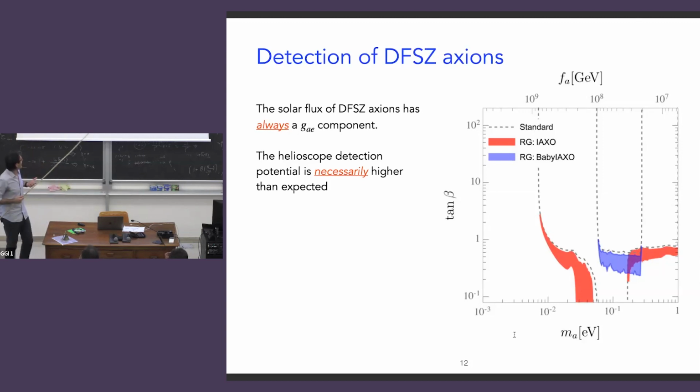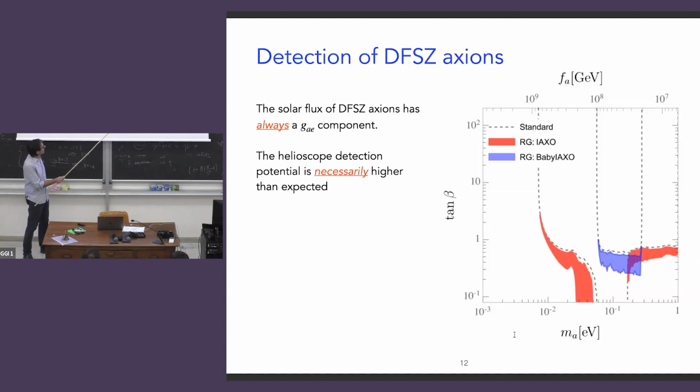But now I say, hey, look, there is necessarily an additional contribution from the coupling to electrons that cannot be cancelled, and this means that the flux is larger. So the flux from the sun of the DFSZ is necessarily larger than previously calculated. How much larger? Well, these calculations can be done almost entirely analytically, right?